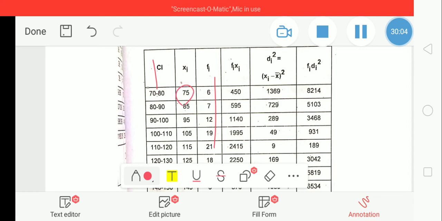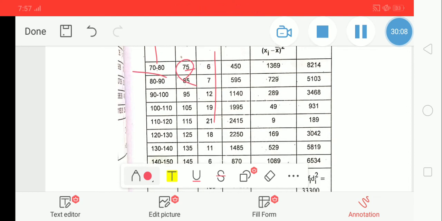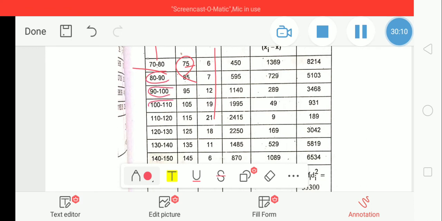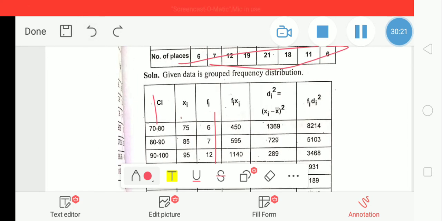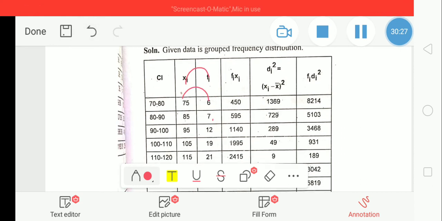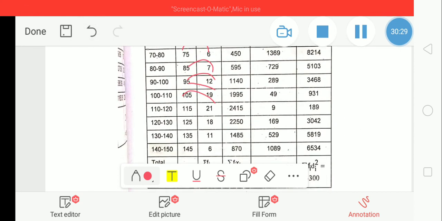Find the mid value. 70 plus 80 divided by 2, so this is 75. Here also the same: add and divide by 2, so they give the mid values. Then fi is the frequency, these are given. fi multiplied by xi, so 6 multiplied by these, and these, so they give this value.